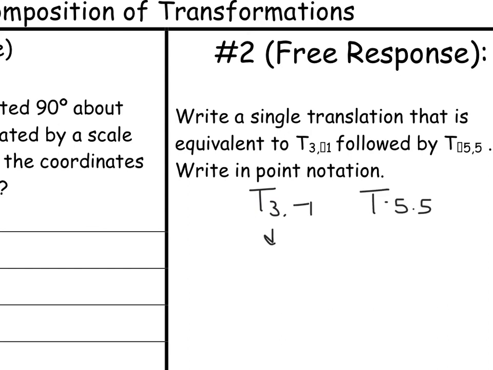So this just means a translation where the x is plus 3, so 3 to the right, and this means a minus 1 on the y-axis, so going down. And then you're going to take this image and then do a translation of 5 to the left and 4 up. And then write that as a single transformation.